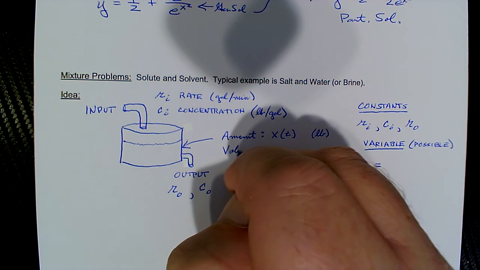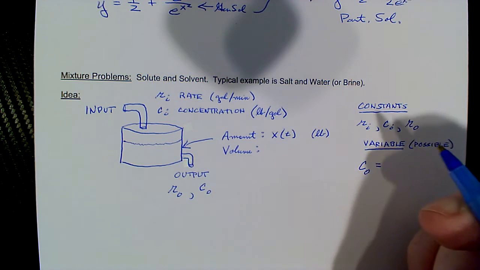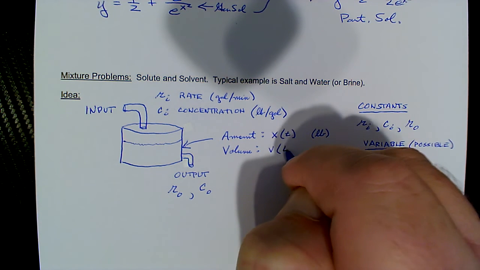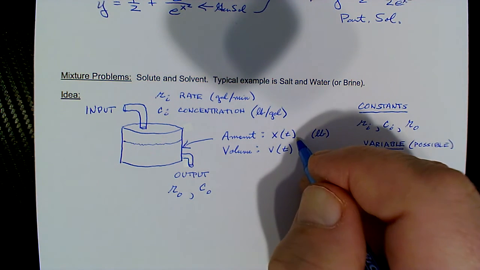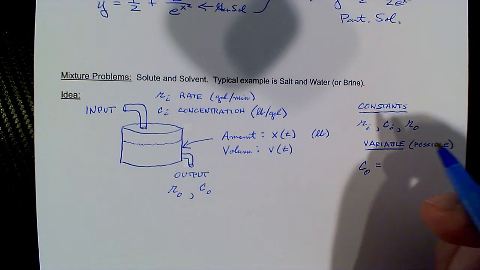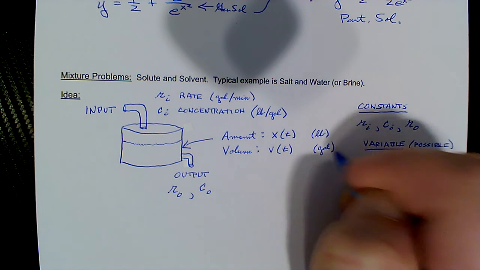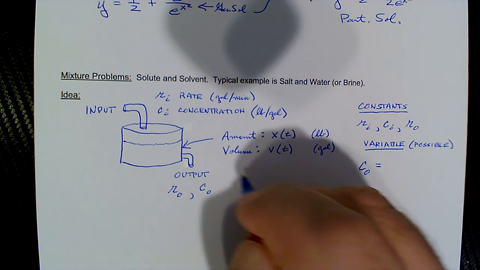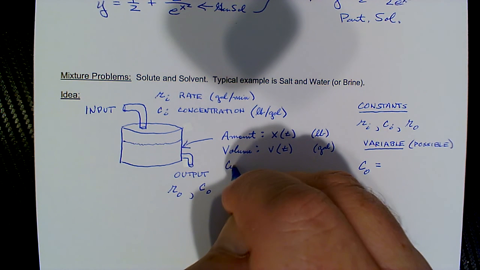There's a certain volume in the tank, which could be constant or it could be changing. So it's a function of time as well, because the amount typically would be changing. And if we're talking about our units, that would be gallons. And then we have our concentration at any time.